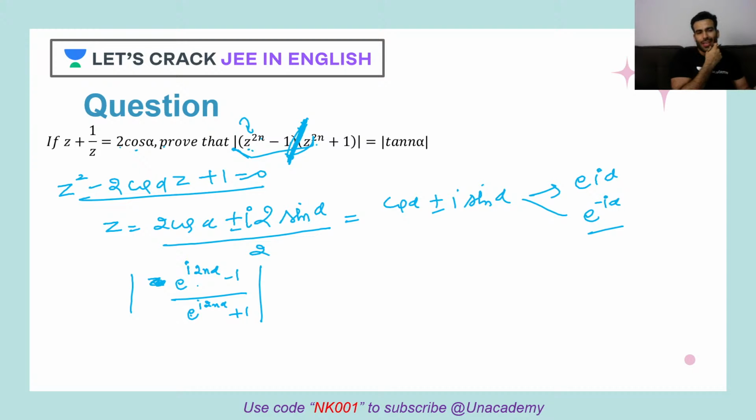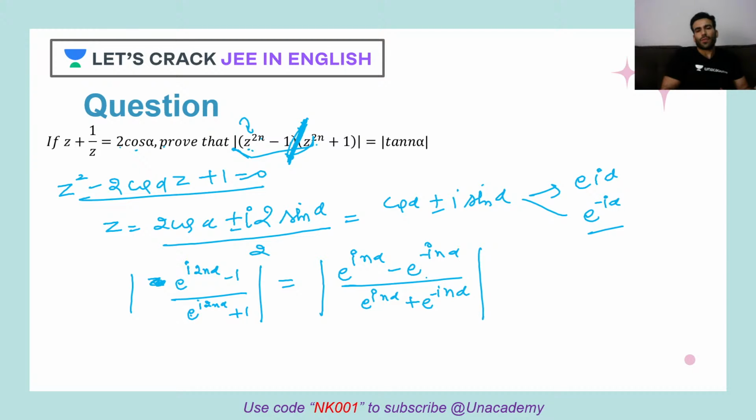But before that I thought, yes, one thing I can do. Let's say I divide both numerator and denominator by e raised to iota n alpha. I have this term here and one term here. When I do that, what do I see?